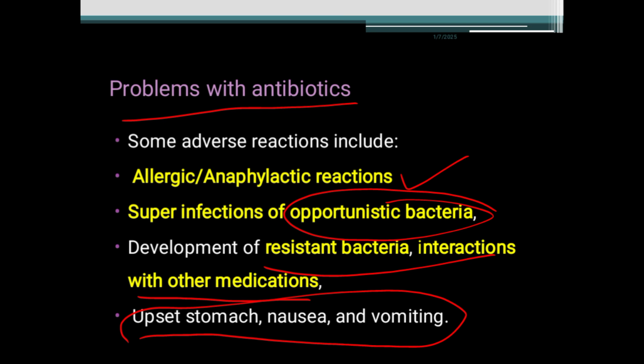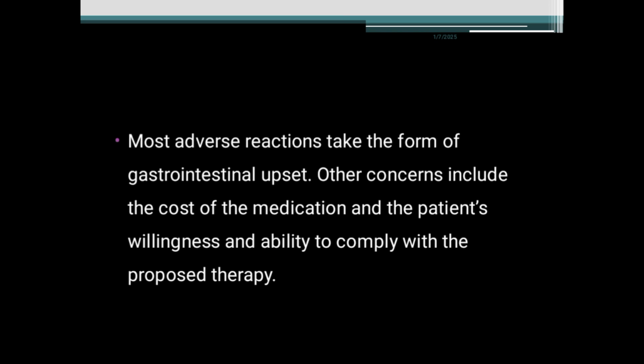Some drugs, like penicillins, cause hypersensitivity. Tetracycline causes staining of the teeth. Many drugs can cause GIT problems, and the most common adverse effects take the form of GIT problems.